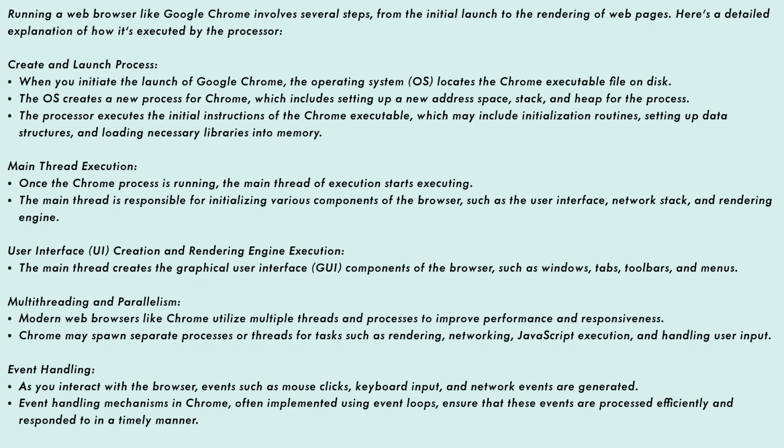Then there could be keyboard and mouse input given at any time, which will result in an interrupt, and these events need to be handled by the interrupt handlers. So this is how the operating system and the processor will launch the process, start executing it, and render the UI and everything. And this is how you are able to use any particular application.